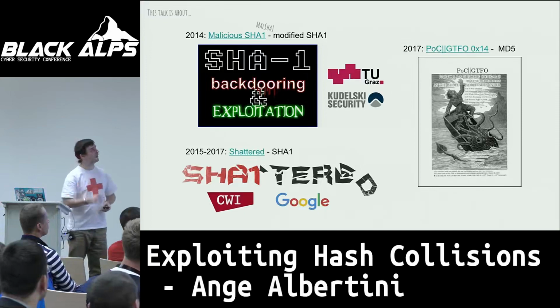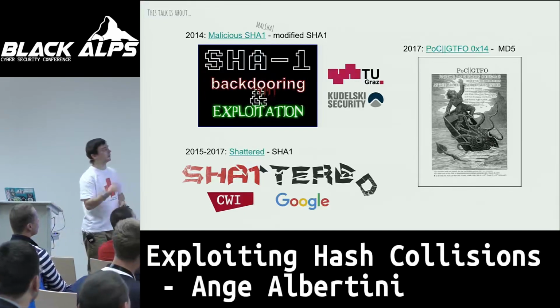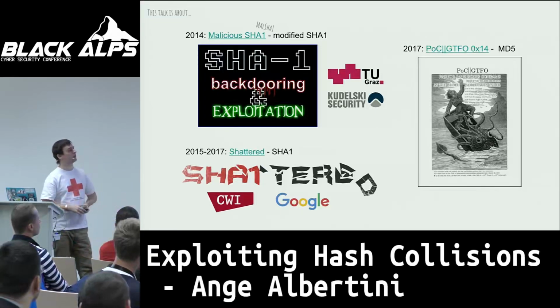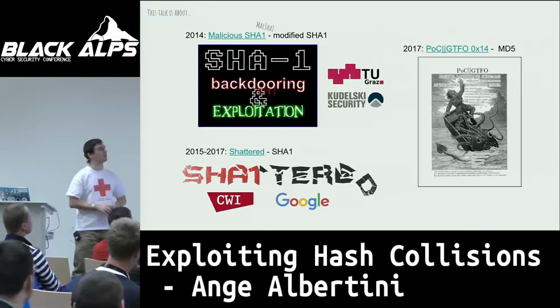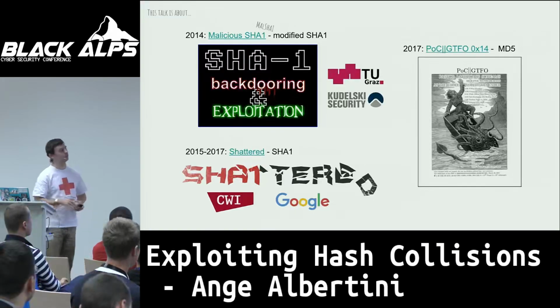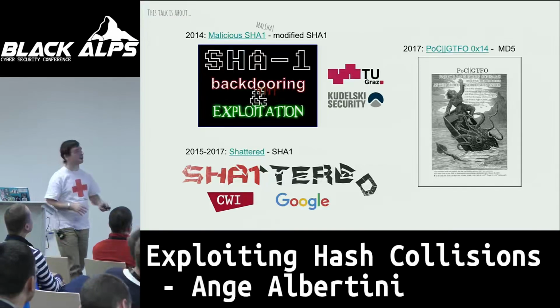In 2014, I worked on malicious SHA-1, which I will call Mal SHA-1, which Jean-Philippe Aumasson introduced me to, and then I worked with Maria from TU Graz. Then I worked on the Shattered attacks, so the actual first SHA-1 collision, and more recently on one issue of POC or GTFO, where we also played with hash collisions.